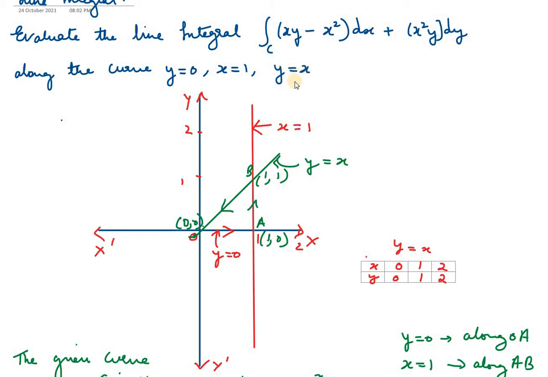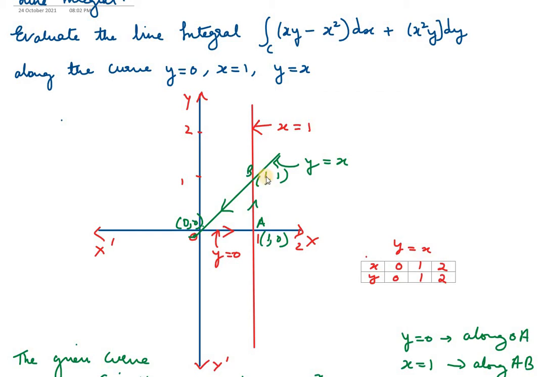And lastly, along the curve y is equal to x, that is this line which is a straight line which passes through the origin. Then you see here that we have y is equal to x. So what you need to do is, for y you can replace it by x, and then for dy, what will be dy from here? It will be dx. You replace dy by dx and then y by x, so that it will reduce to the integral with respect to x only.